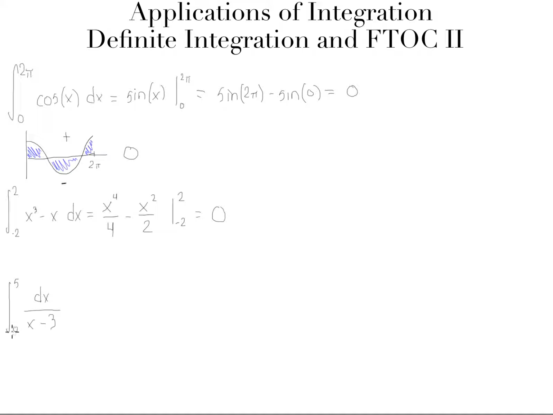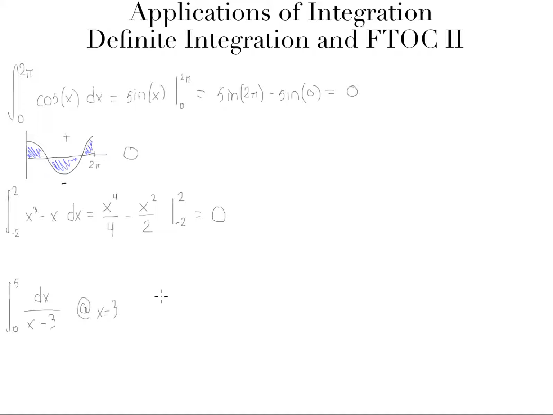And finally we have the integral from 0 to 5 of dx over x minus 3. For this case, note that we have a discontinuity at x equals 3. We have an infinite discontinuity at x equals 3. And therefore, we cannot apply the fundamental theorem of calculus to evaluate this integral. And let's just visualize why this makes sense.